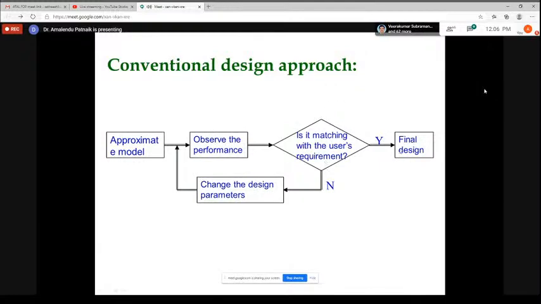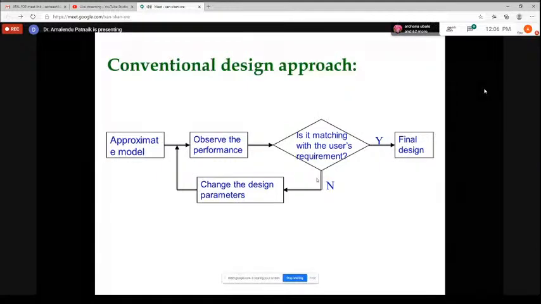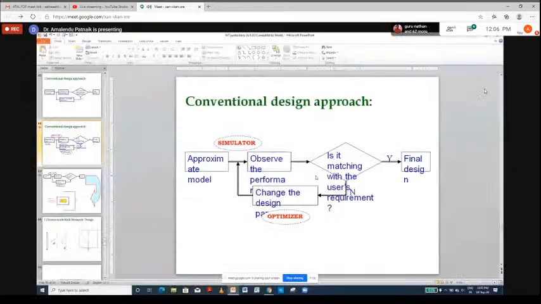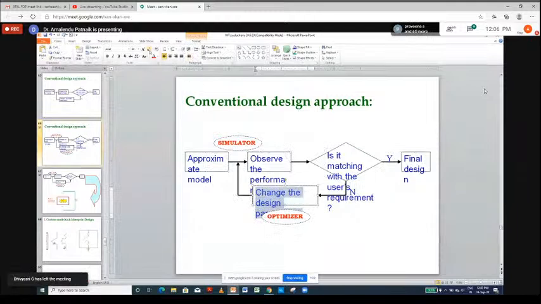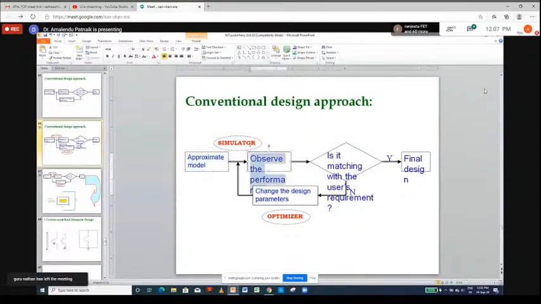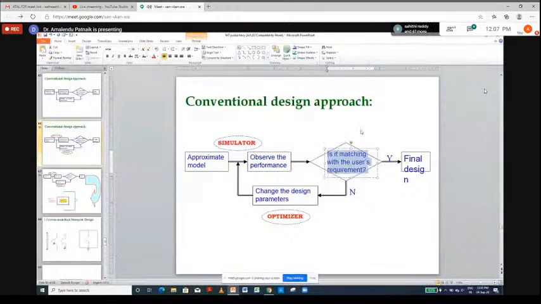If it matches our requirement, then we take that as the final design, or we continue this iterative process of changing the design parameters.